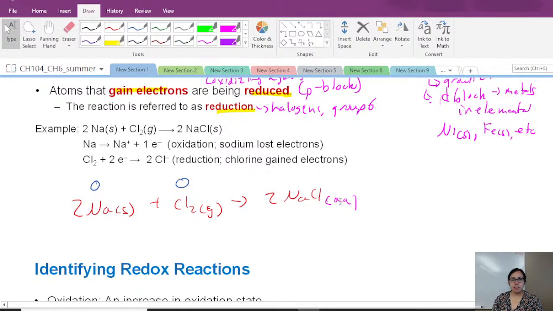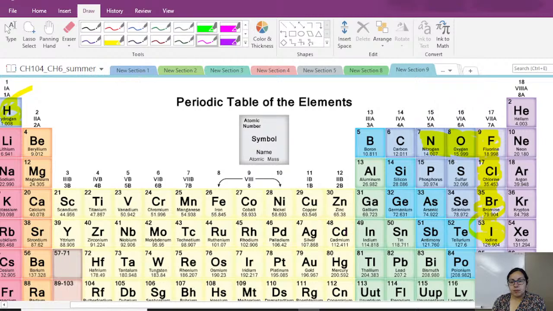All right, so back to here. Now that we have sodium and chlorine in a compound, what's the oxidation state of sodium here? Is carbon a diatomic? No. Can you go back to that highlight list real quick?